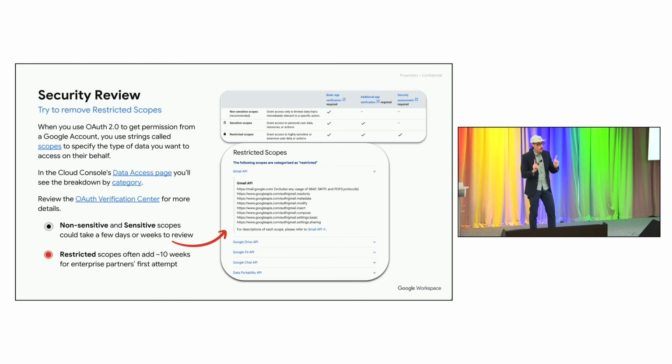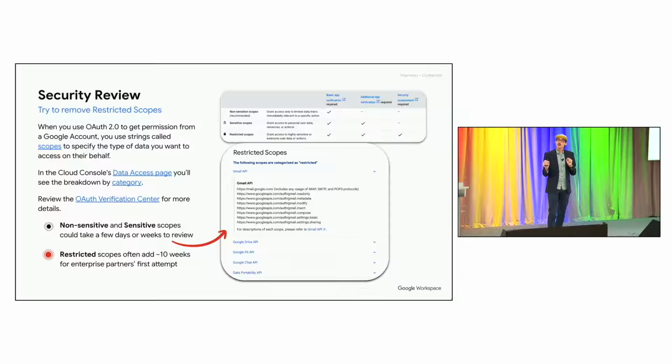So you can do a lot with what we consider restricted scopes. You can read everything, especially if you've used domain-wide delegation, which was talked about in an earlier presentation as well. You can act on behalf of anyone in the organization and read everything that's in their Gmail, or Drive, or Calendar, or whatever it is you may need for the app.